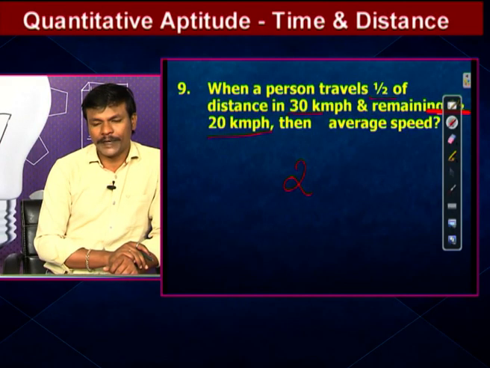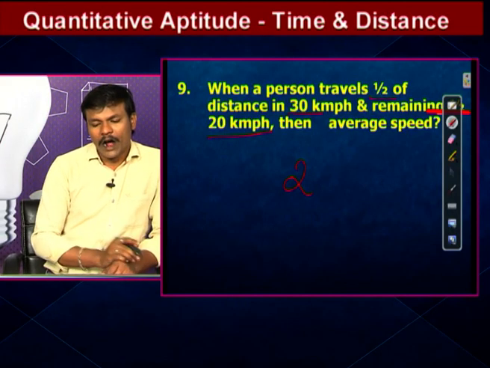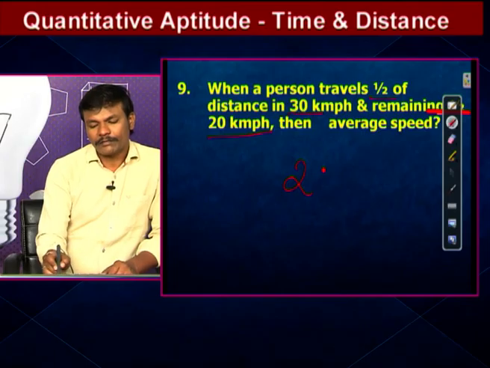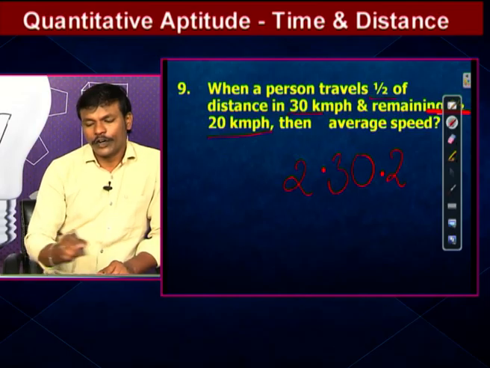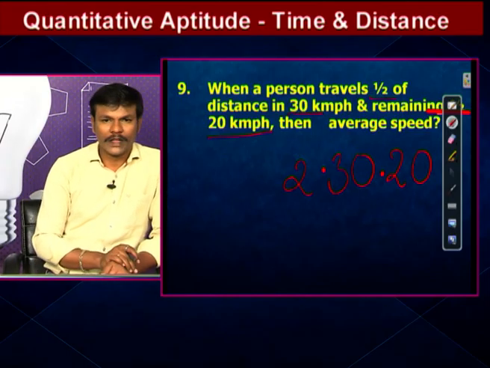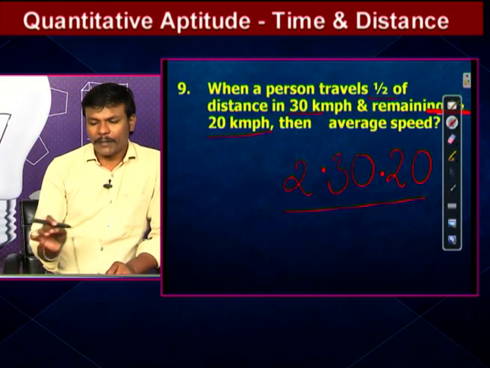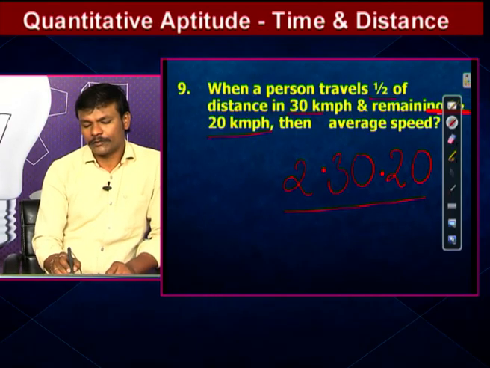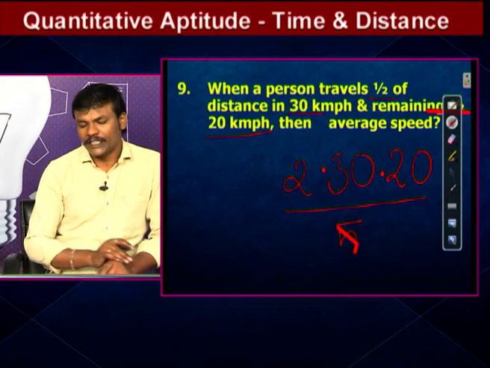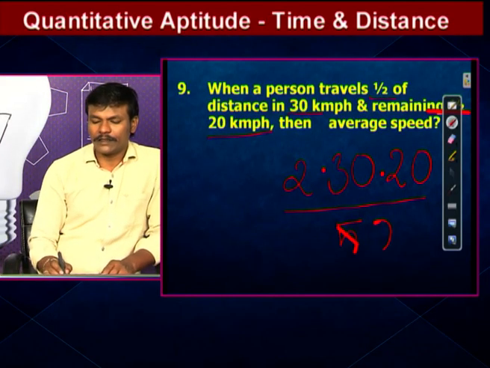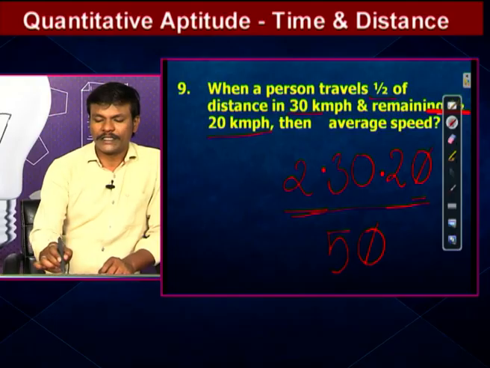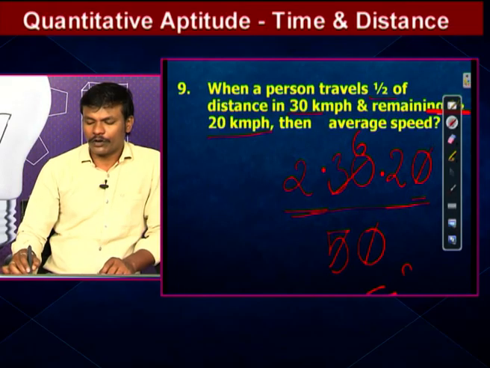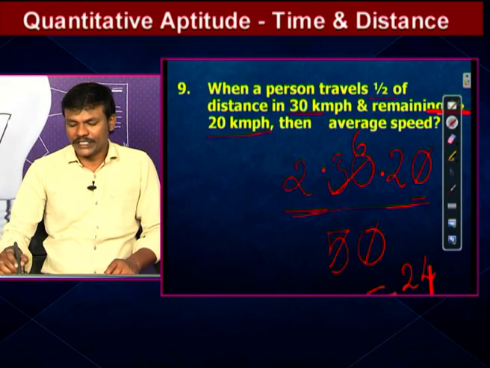So 2 into the first speed 30 into the second speed 20, by S1 plus S2, 30 plus 20, which is 50. The 0 will be cancelled. 5 sixes... 6 twos are 12, 12 twos are 24 kilometers per hour. This is the average speed.